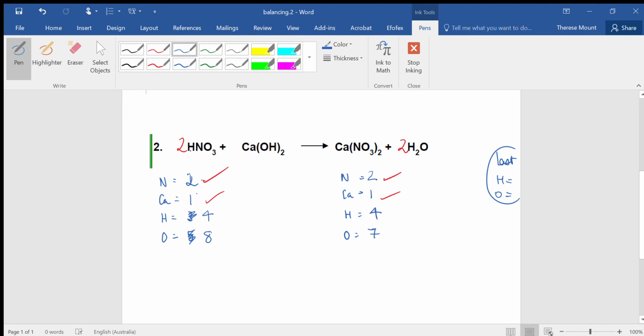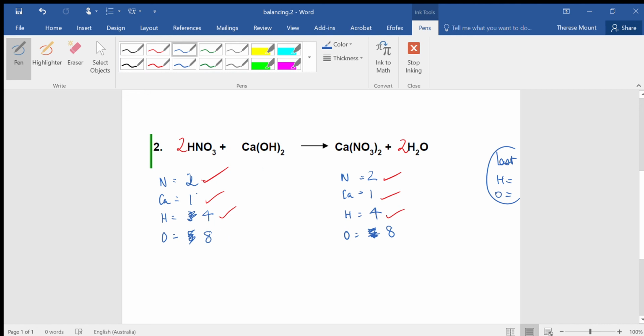That's looking pretty good because I've got 4 hydrogen on that side. So that's fine. And then oxygen. Now, how does this 2 affect my oxygens here? I've got 2 times 3 is 6 plus 2, so this is now 8. I've still not added any other numbers to this side, so I'm just checking: 2 times 3 is 6 plus 2 is 8.